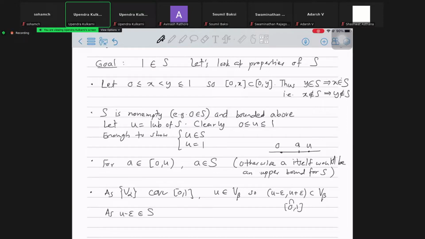You see, the epsilon might be very large because the V beta might be very large. Remember, I'm taking open sets of the real line, but that's neither here nor there. So we can take epsilon to be small. And so U minus epsilon is in S. So what do I do now? Let us say some V alpha 1 union V alpha K contains 0 to U minus epsilon.